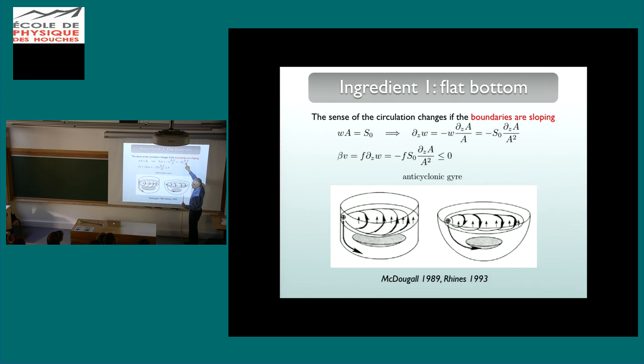A squared is positive because it's a quadratic quantity. dA/dz is positive if you are in a basin whose area is increasing towards the surface. So this term has to be negative definite, which means that your beta V is equal to a negative definite quantity. So now the flow, instead of being poleward, is equatorward. And the boundary current will return the flow northward along that western boundary, so you get an anticyclonic circulation.